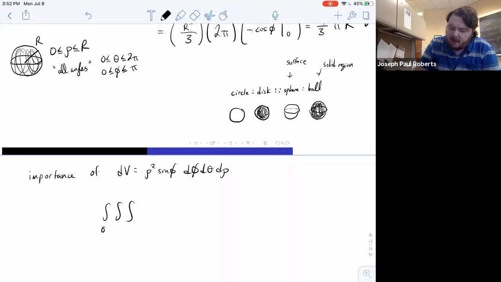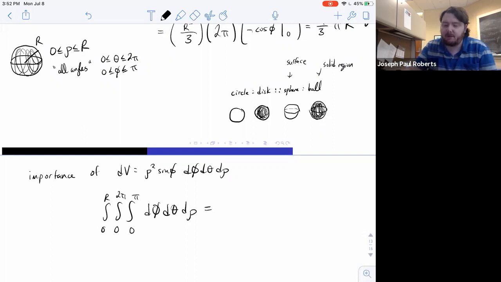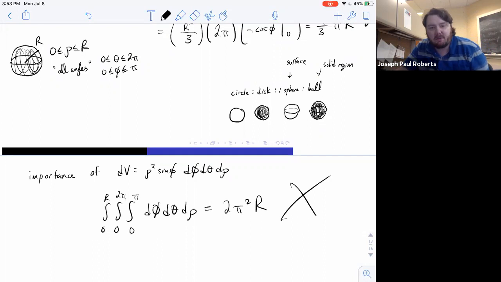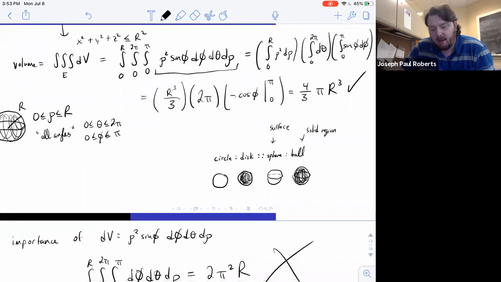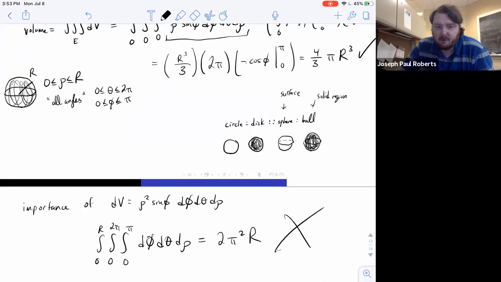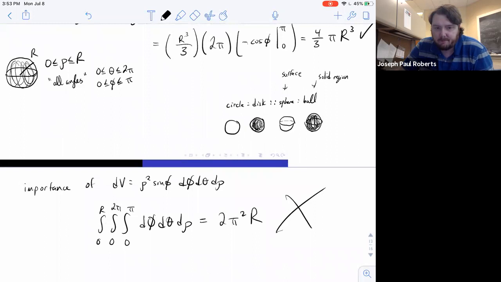If you think, hey, I don't feel like I should have to include that scary looking rho squared sine phi, so I set up the triple integral of just d phi, d theta, d rho, then essentially I'm just going to end up getting 2 pi squared times the radius, which is obviously not the correct answer. So the importance of this rho squared sine phi is that it has to be there, otherwise you don't get this expected answer that you've known for years. 2 pi squared r is not the volume of a sphere. So, importance of that.